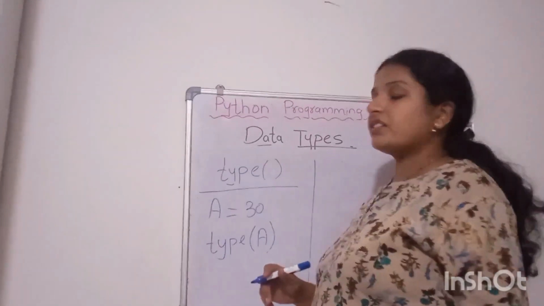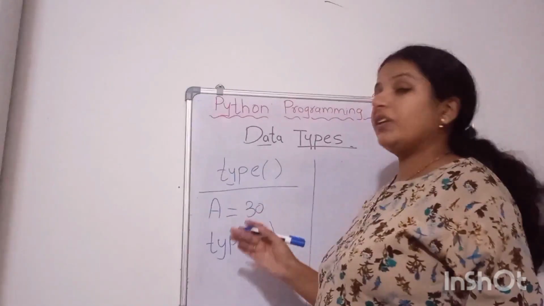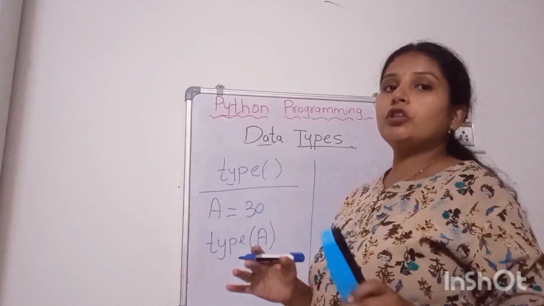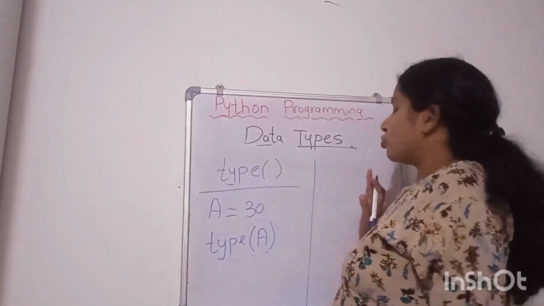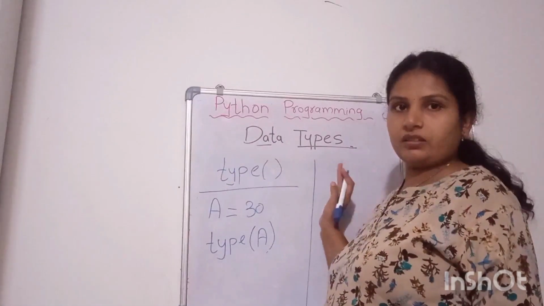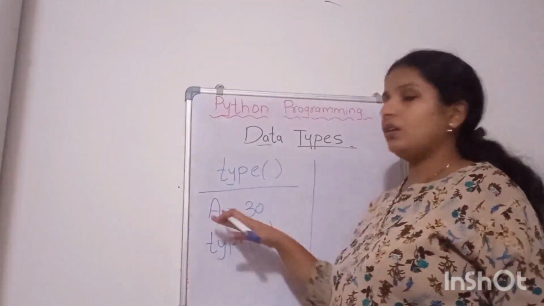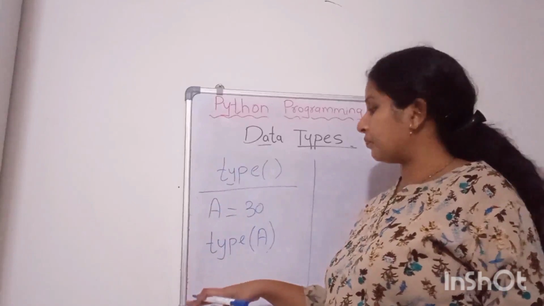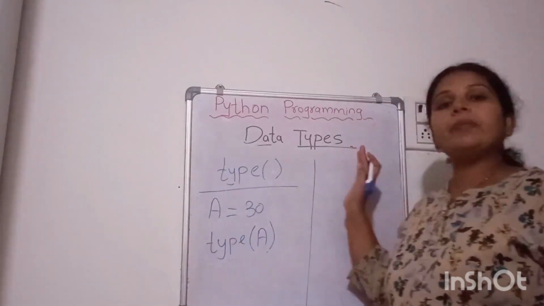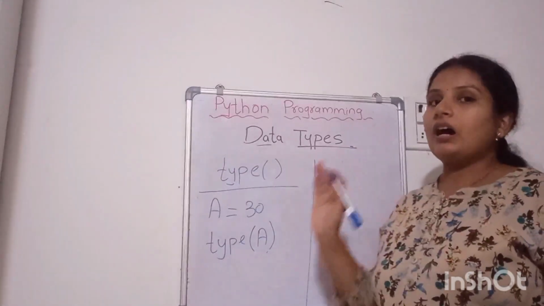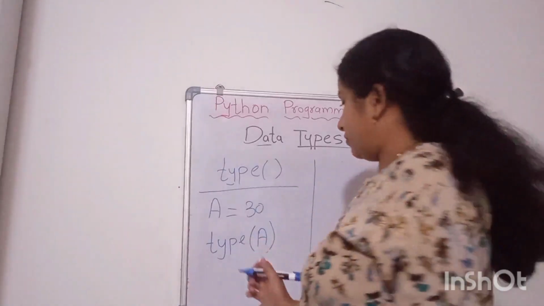Okay, and just like we have already seen, without the print function you would not be able to display the result in the output window. Here I am getting the type of a is integer, but there won't be anything in the output window unless you use the print function.